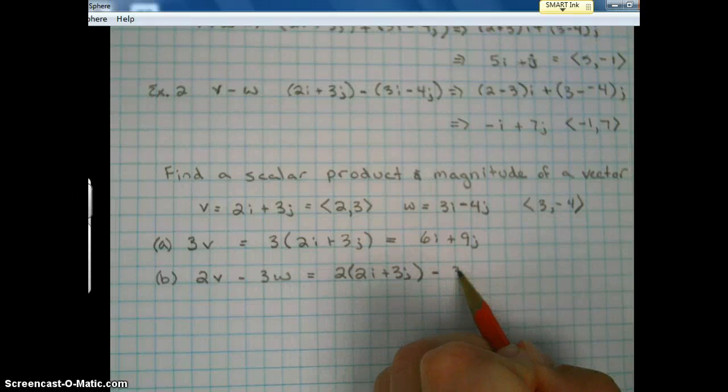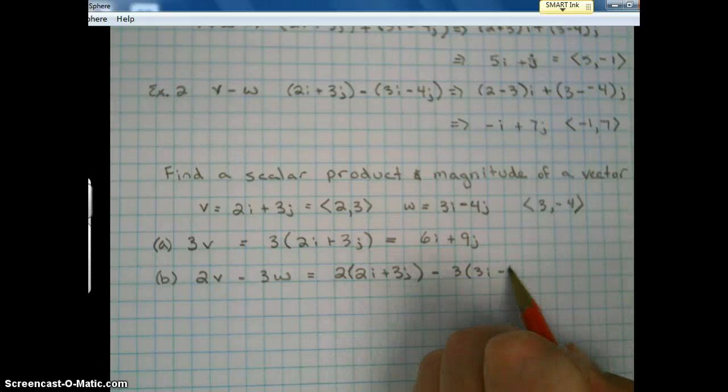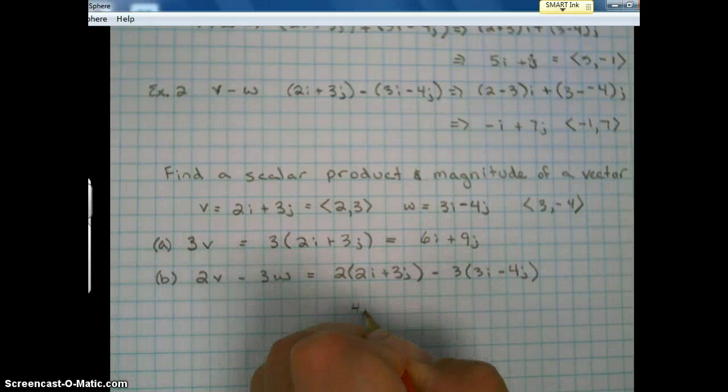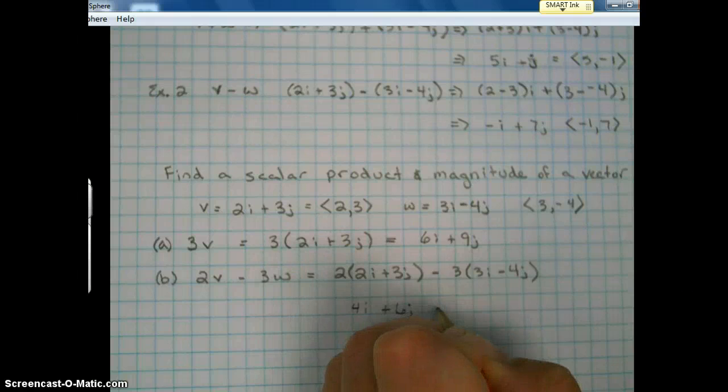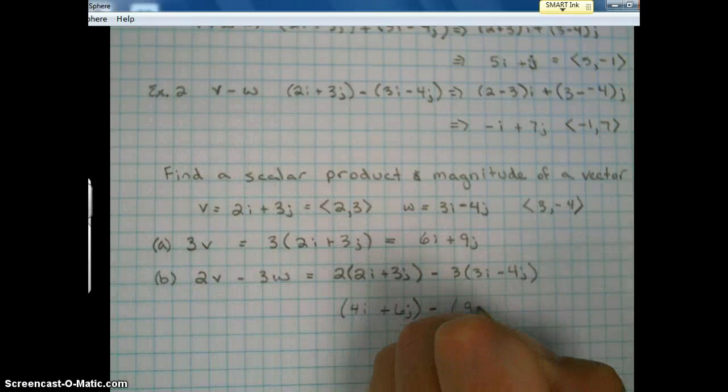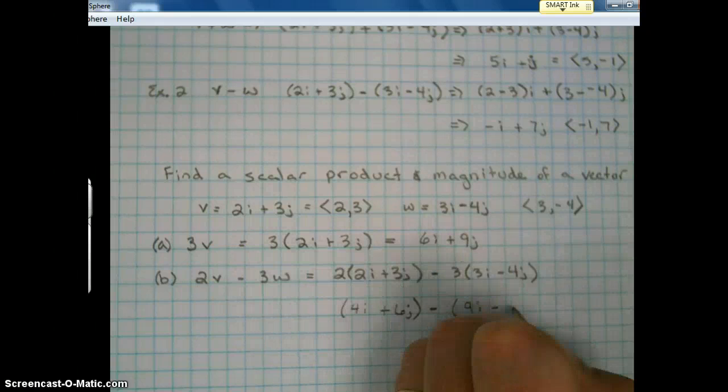So this is going to give us 4i plus 6j minus 9i minus 12j.